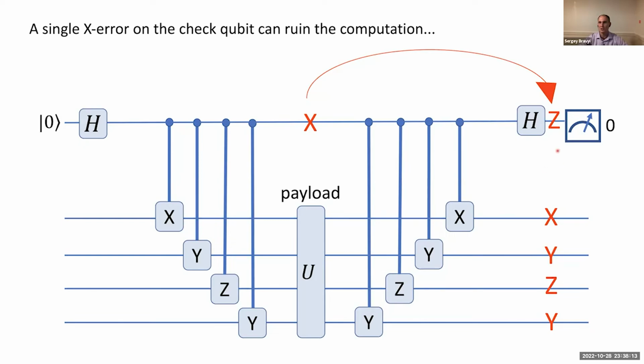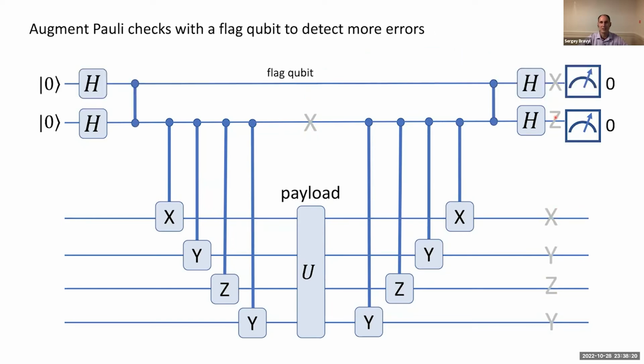And this error is undetectable because Hadamard maps X to Z. But we can detect this error if we add one extra flag qubit, as shown here. Now, if we propagate this Pauli X error to the right, it would generate a non-zero syndrome on the flag qubit. So such an error is detected.